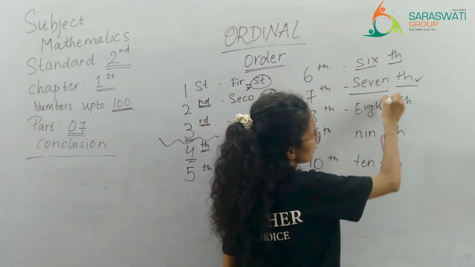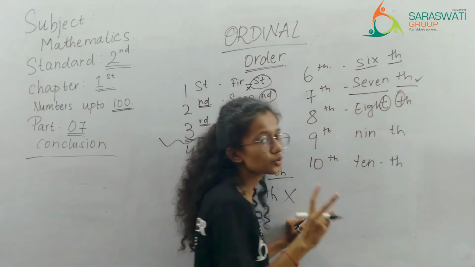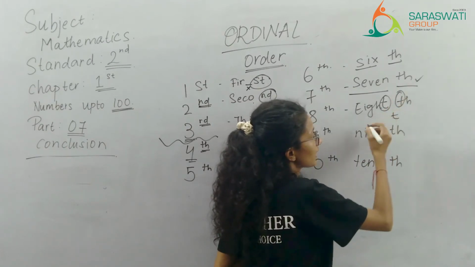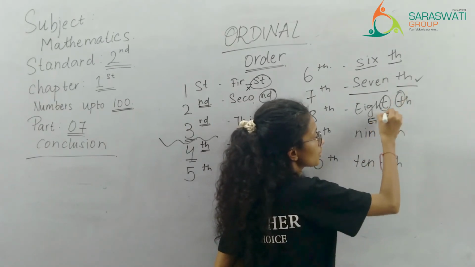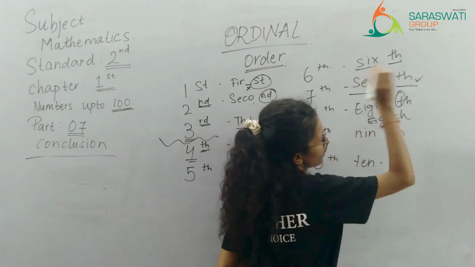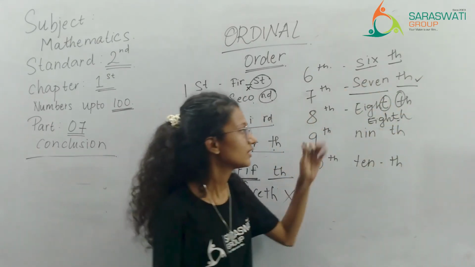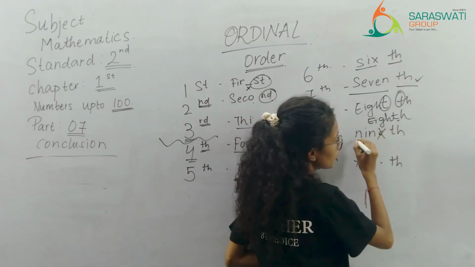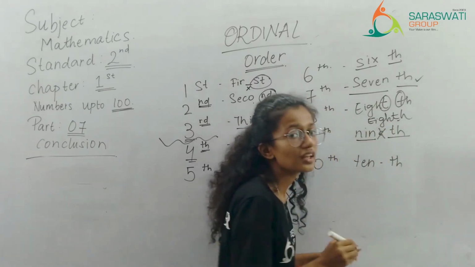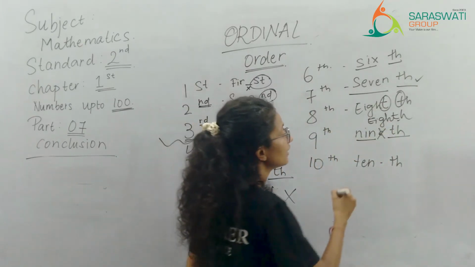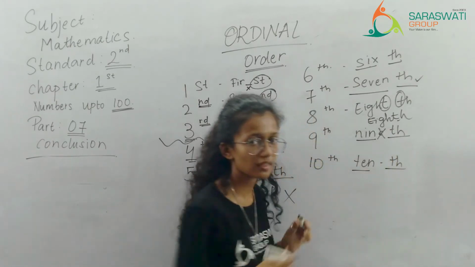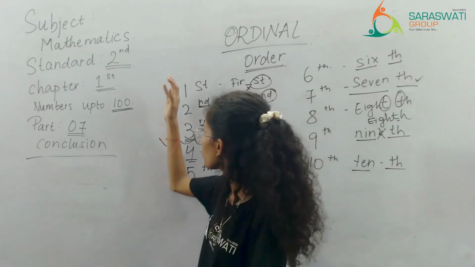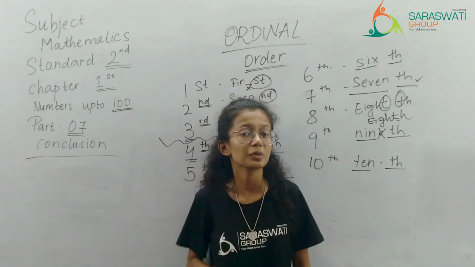Last comes T. Here also comes T. So instead of 2 T's, we are only gonna write 1 T and make it EIGHTH. 8. Then 9. We are not gonna write E. It would be NINTH. Ninth. And then TENTH. Tenth. Okay. Once I will repeat the ordinal numbers from 1 to 10 and then you have to repeat with me.